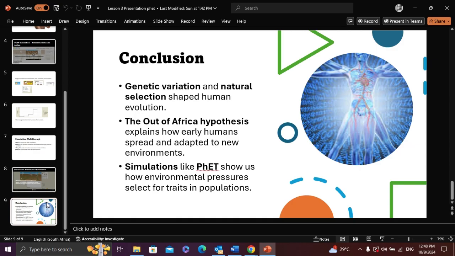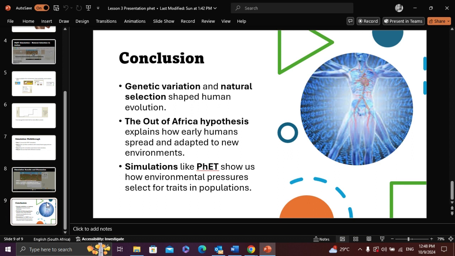As early humans migrated out of Africa, they faced new environmental pressures that selected for traits like endurance, resistance to disease, or adaptations to different climates. The Out of Africa hypothesis provides a framework for understanding how these pressures led to the diversity we see in human populations today.